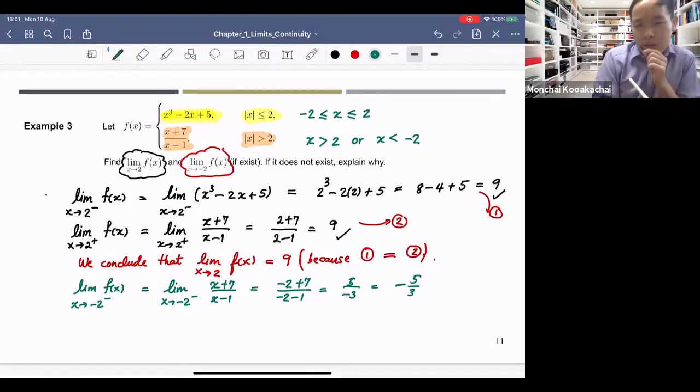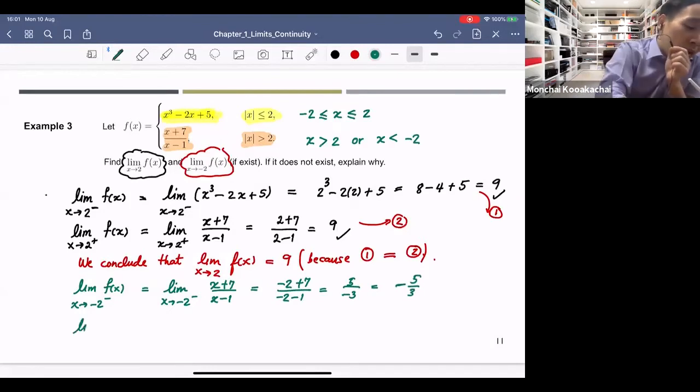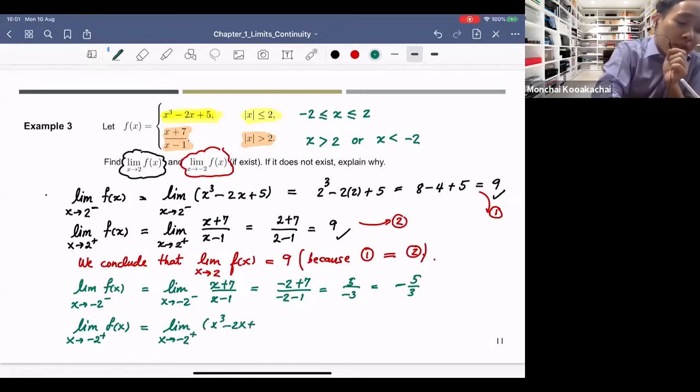Good. And then the limit of f(x) when x approaches negative 2 from the right is the limit of x cubed minus 2x plus 5, which is negative 2 cubed minus 2 times negative 2 plus 5.